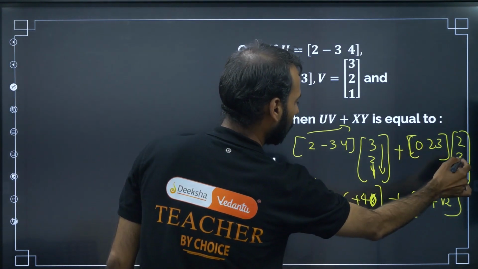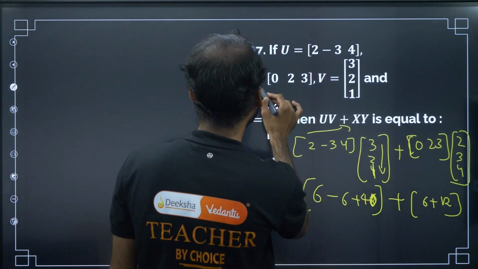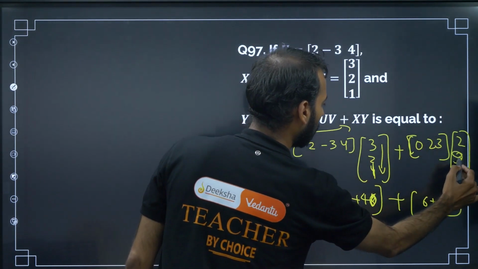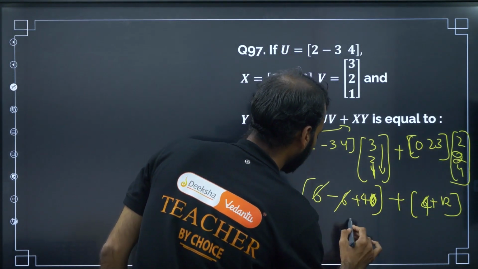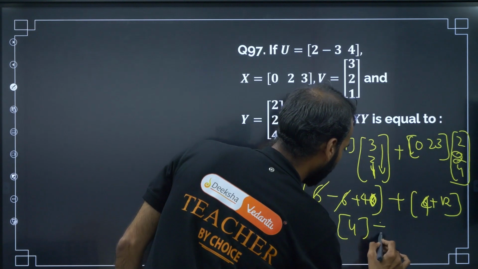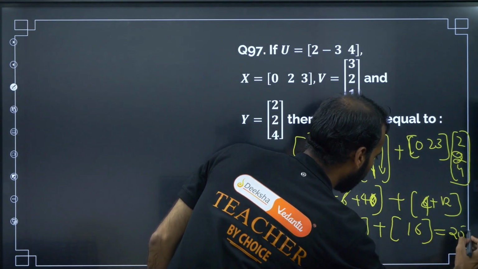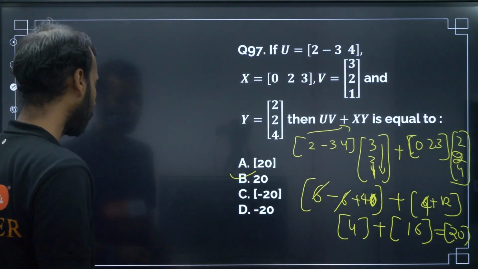Next, 0, 2 3s are 6, 3 4s are 12. x is 0 2 3, y is 2 2 4, 2 2s are 4. So negative x and positive x get cancelled, only 4 is left. Plus 4 plus 12 is 16, so 16 plus 4 is 20. Any option with 20, B option is the answer. Moving to the next question.